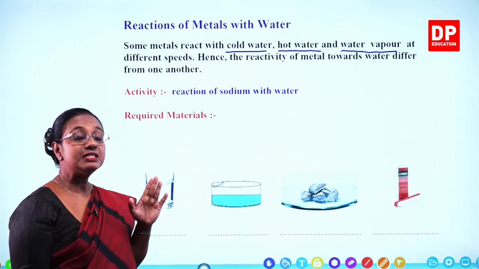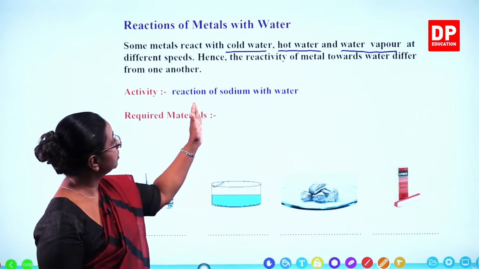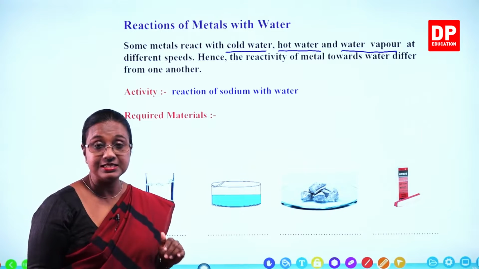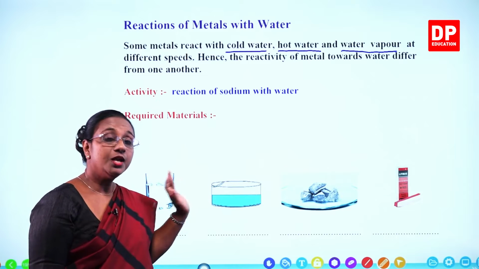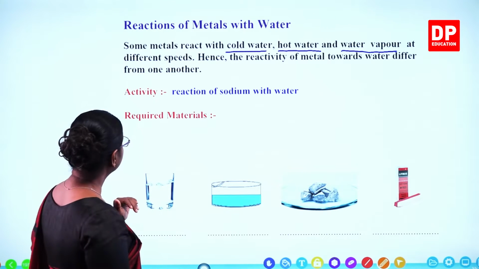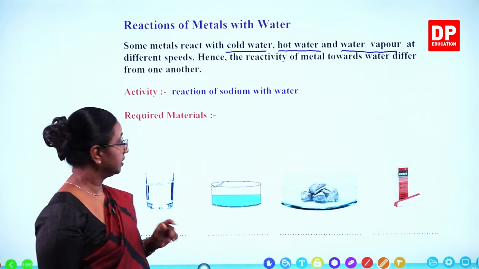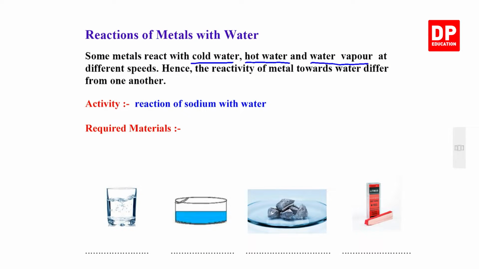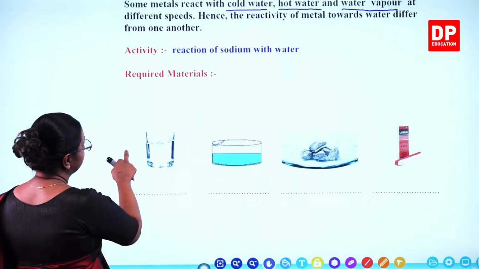So, the metals react differently with water, and that also three different instances, and they react with different speeds. To understand that, we will do this activity. The first activity is to observe reaction of sodium with water. Activity, reaction of sodium with water. To do that, we need these materials.